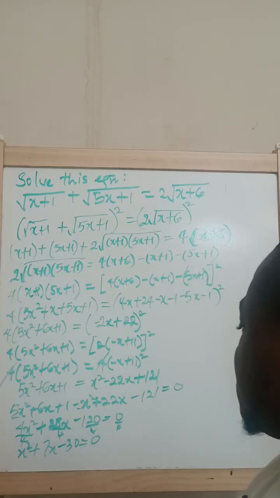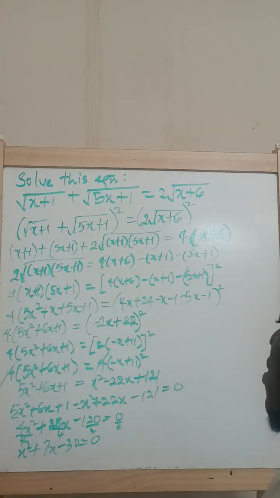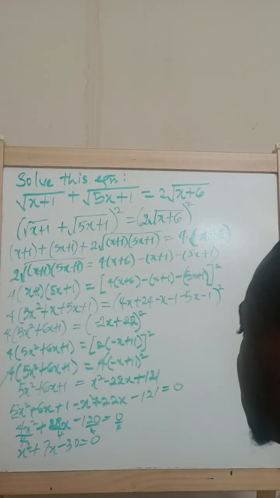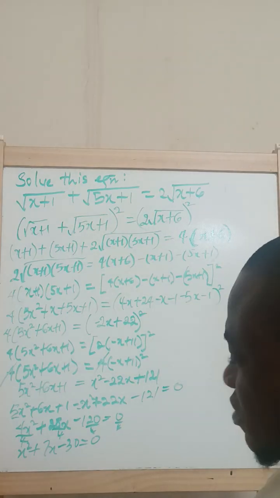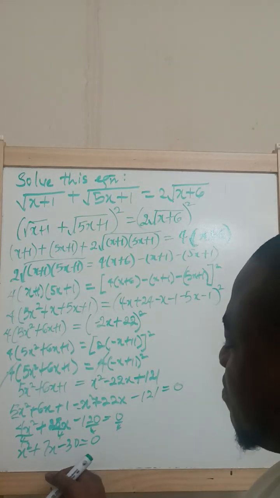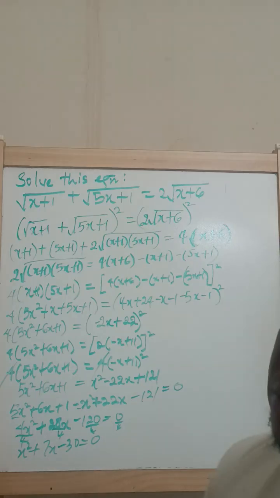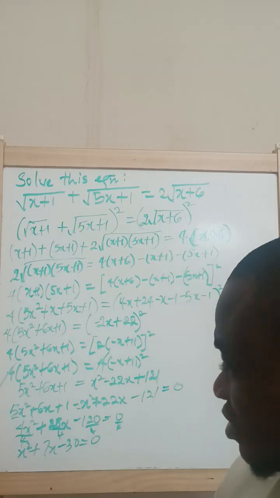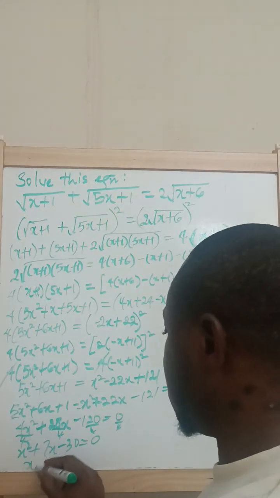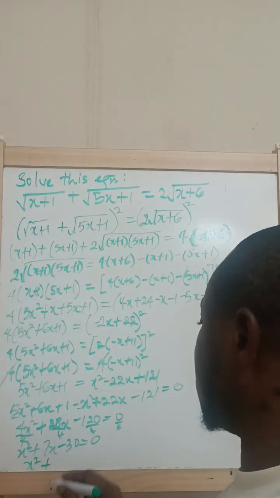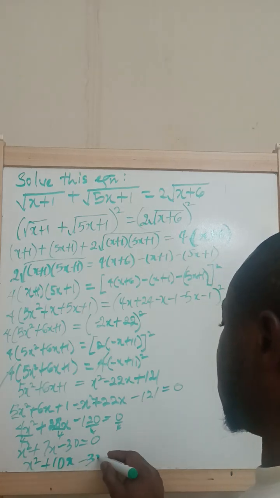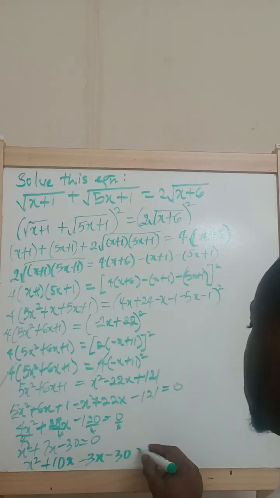So we now look for two numbers such that when we add them, we get the middle number, and when we multiply them, we get the product of the first and last numbers, and those are 10 and 3. So that will be x squared plus 10x minus 3x minus 30.